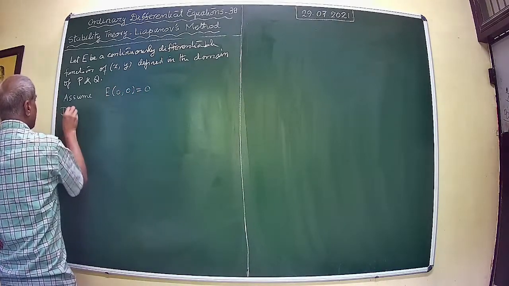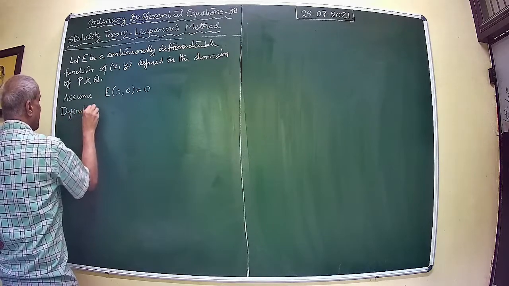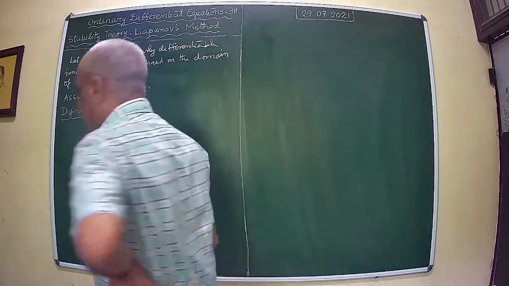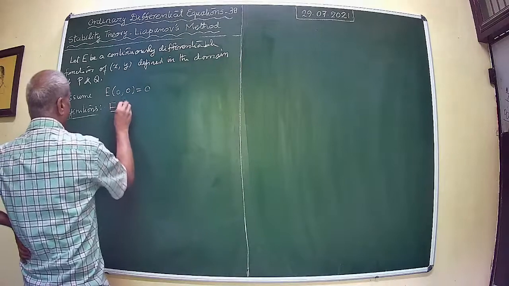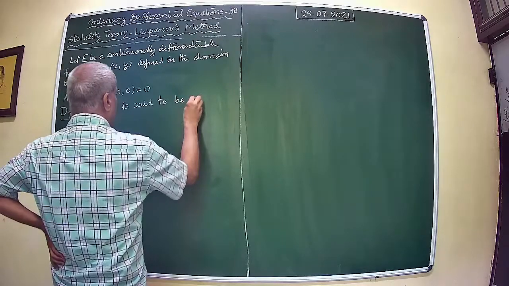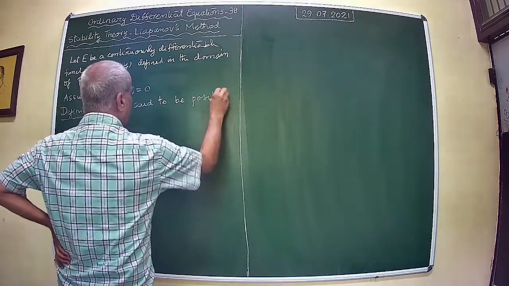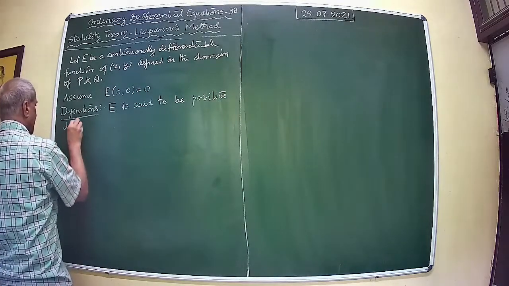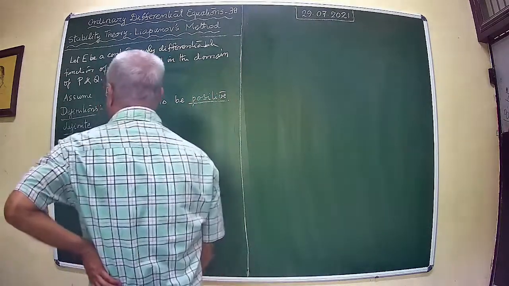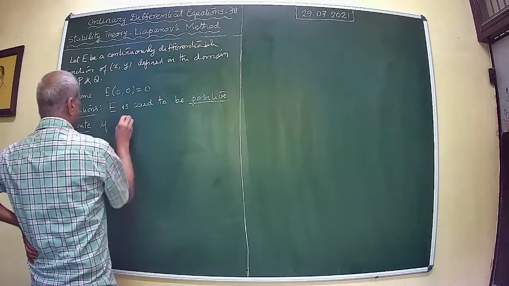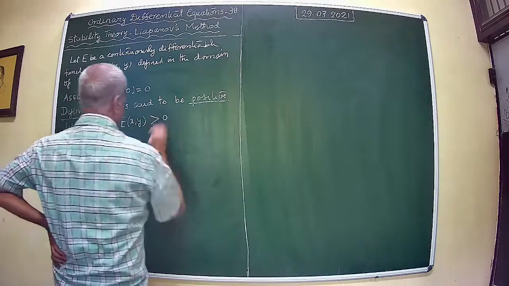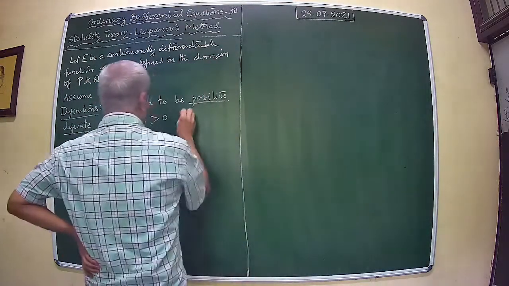Now we make the following definitions. E is said to be positive definite if E(x,y) is strictly positive whenever (x,y) is not at 0, 0.